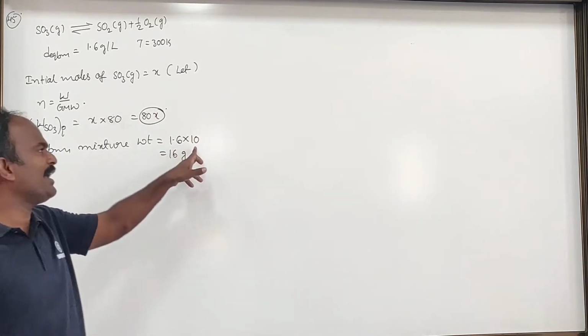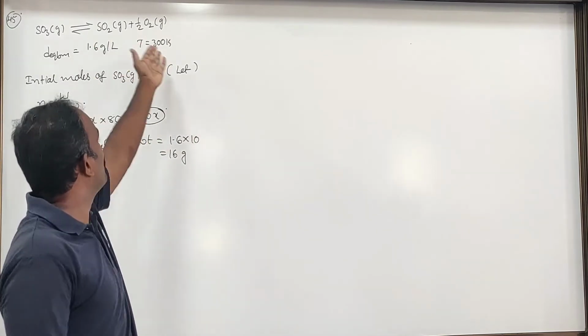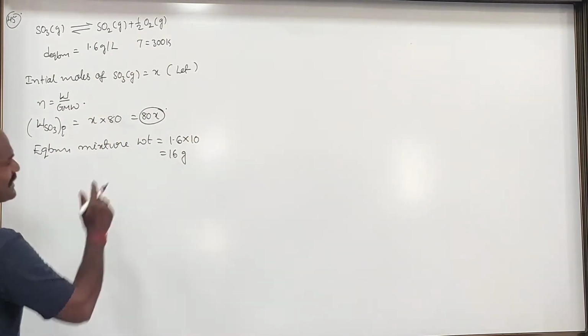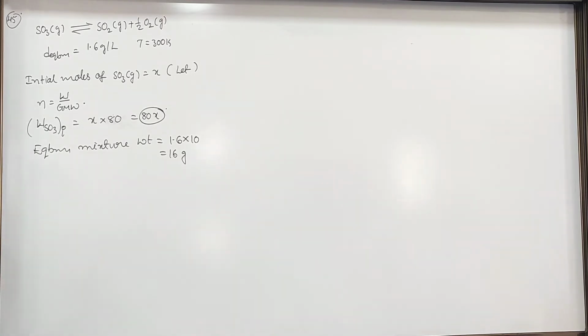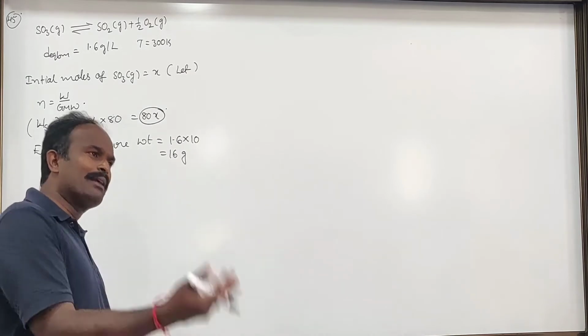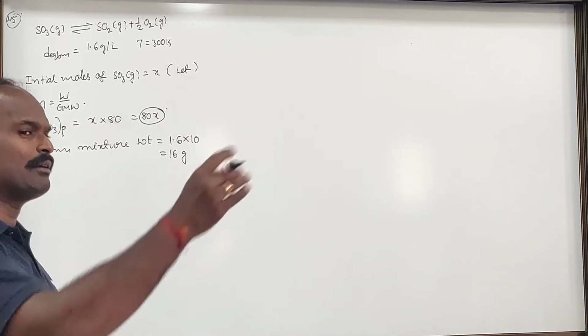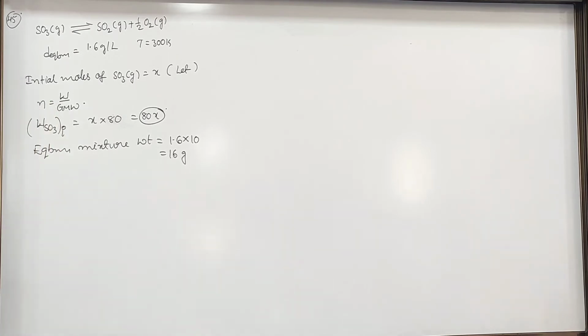Why do I multiply with 10? Because the volume is given as 10 liters. Initial moles or initial density can be equal or not equal, that doesn't matter first of all, but the weight has to be equal.